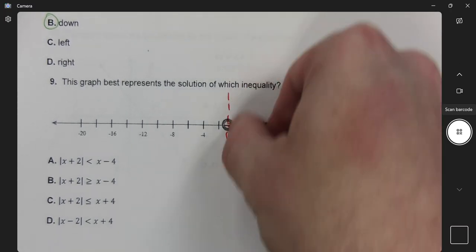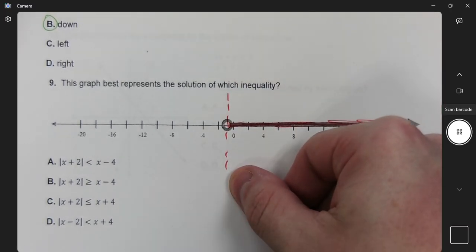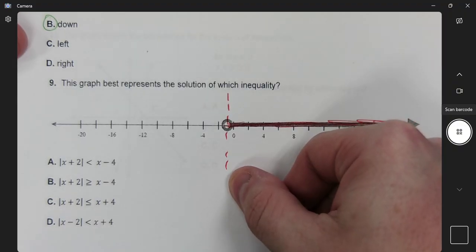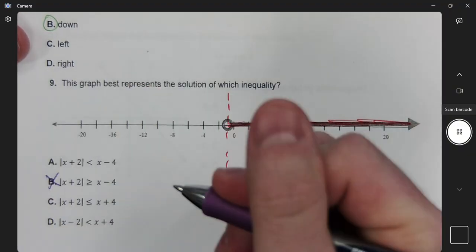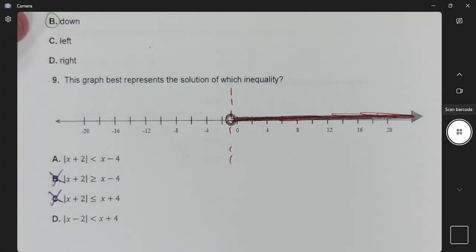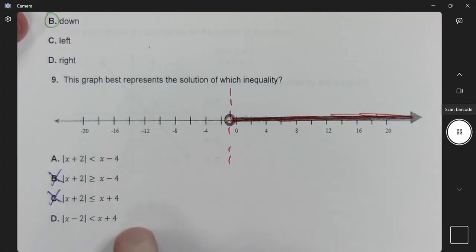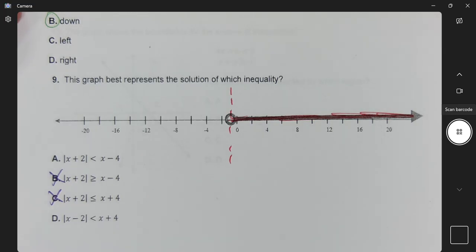You see how this is an open dot? That means you can't have equal to. So this answer is impossible and this answer is impossible. All we need to do now is type these two things on Desmos and see which one works. We'll type the first one. Actually, you guys can see them just like I can.